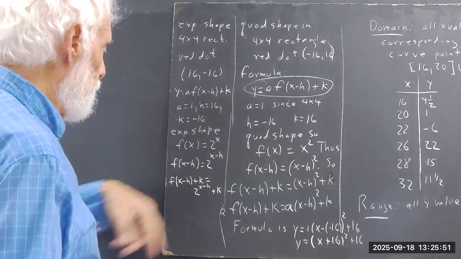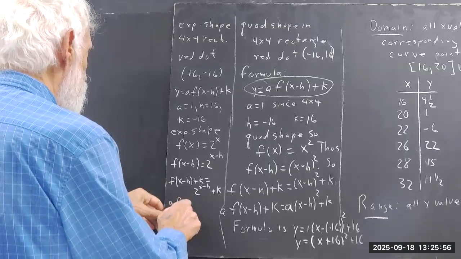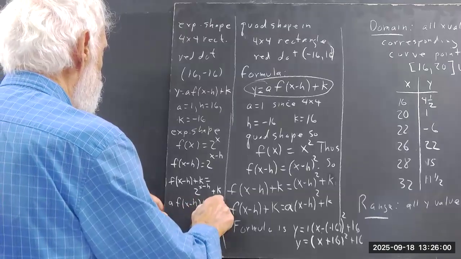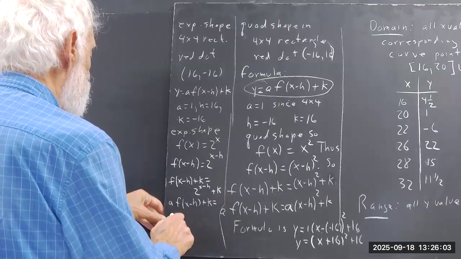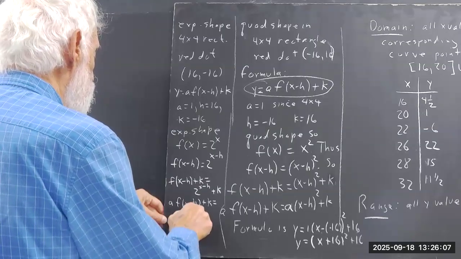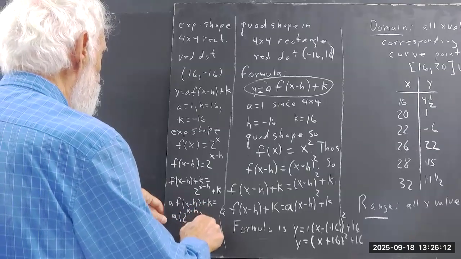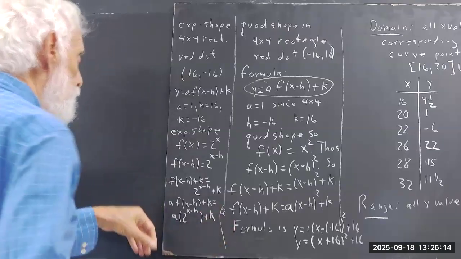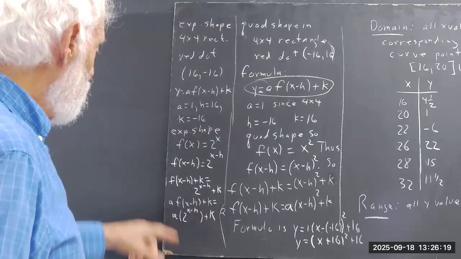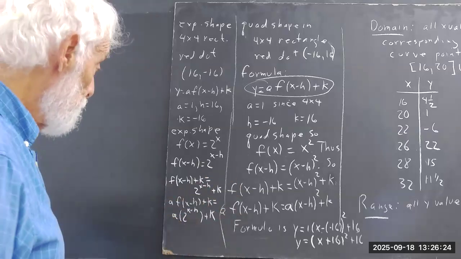But we just take the 2 to the x minus h and add k, and then a f of x minus h plus k equals a times 2 to the x minus h plus k. And you want to be careful where you put the parentheses. You don't want the parentheses around k because this a is not multiplied by k. Just multiplied by f of x minus h.